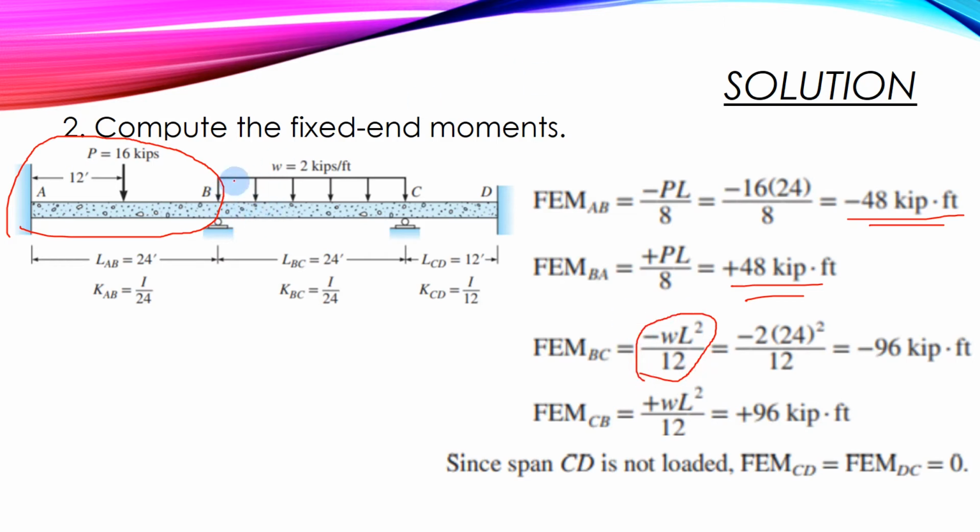The loading is a uniform load. So negative 96 on the left side of BC, then for CB, positive 96. For span CD, since there is no loading, the fixed end moment is 0. Okay?